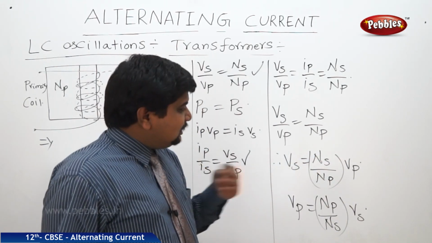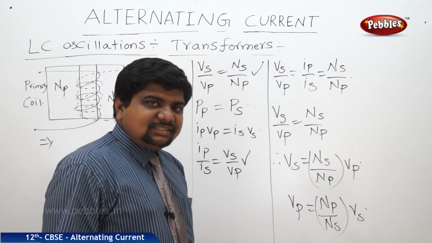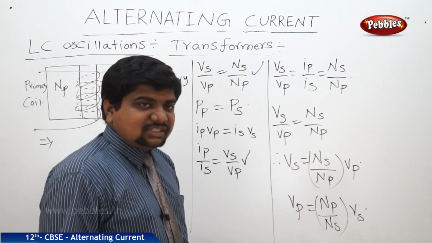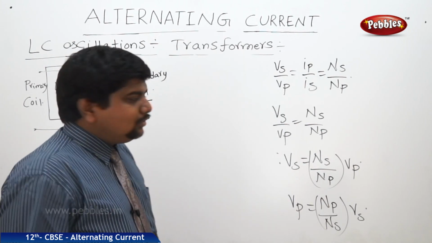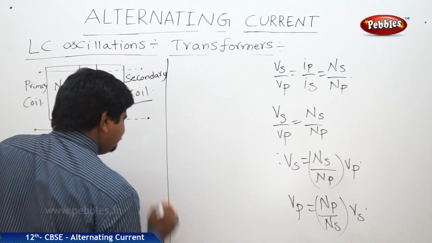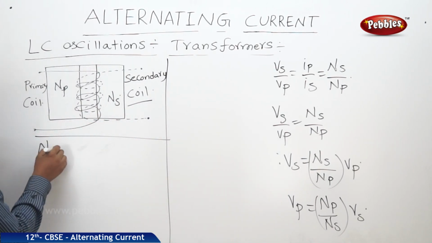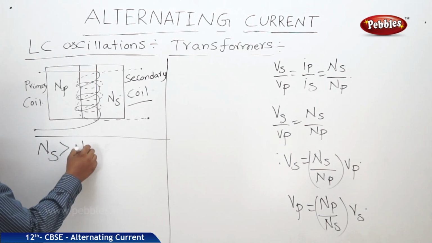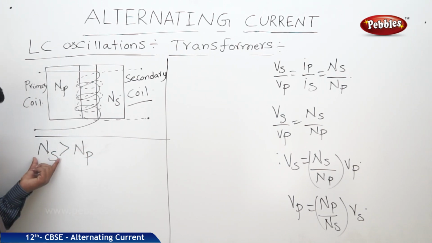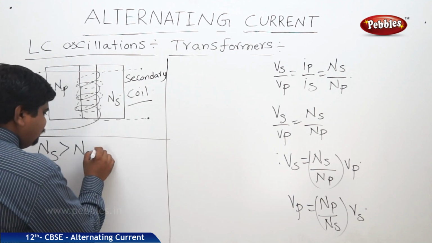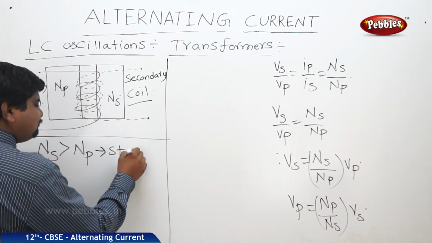And I said that there is a variation in the turns in the secondary coil to the primary coil. What is that variation and how will those expressions turn out to be? Now, what is the difference between the coils? See, if the number of turns in the secondary coil is greater than the number of turns in the primary coil, we can say this is a step up transformer.